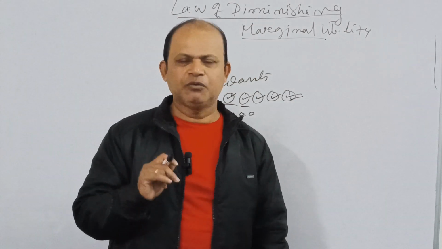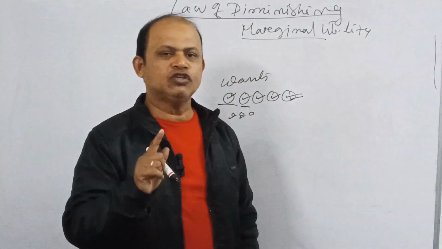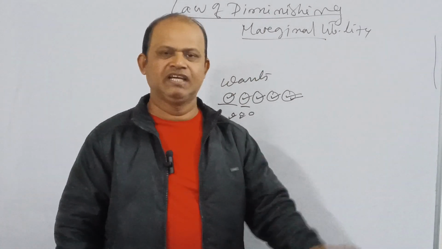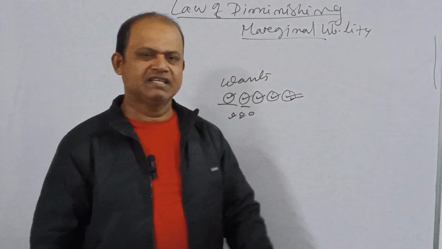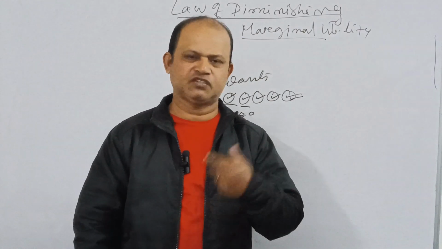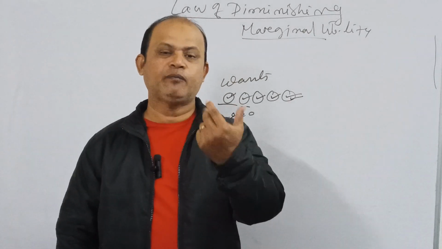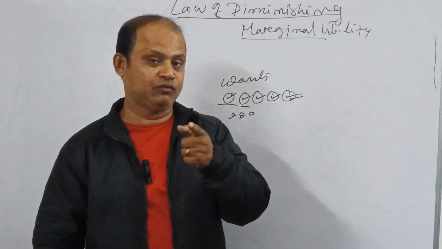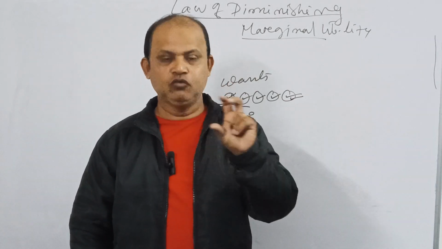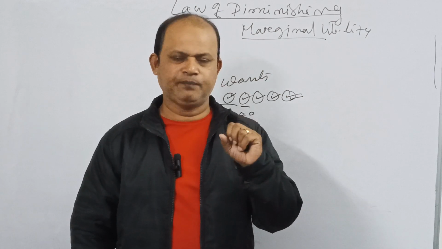Now remember one thing: in the assumptions I told you that the consumer must not consume other commodities in between the consumption of that commodity. Take the example of a car. Suppose you bought the car you planned, the first car, and you got a huge satisfaction. While you buy the second one, suppose you bought a Maruti Dzire first, and you are very happy.